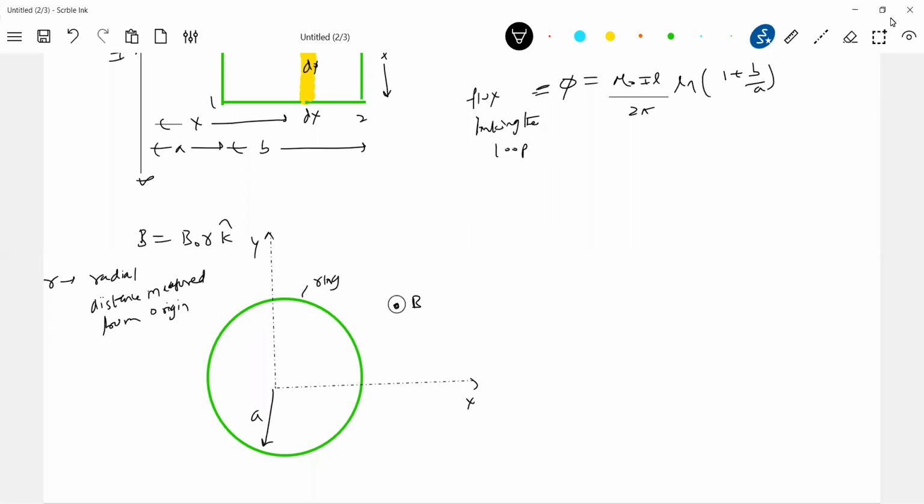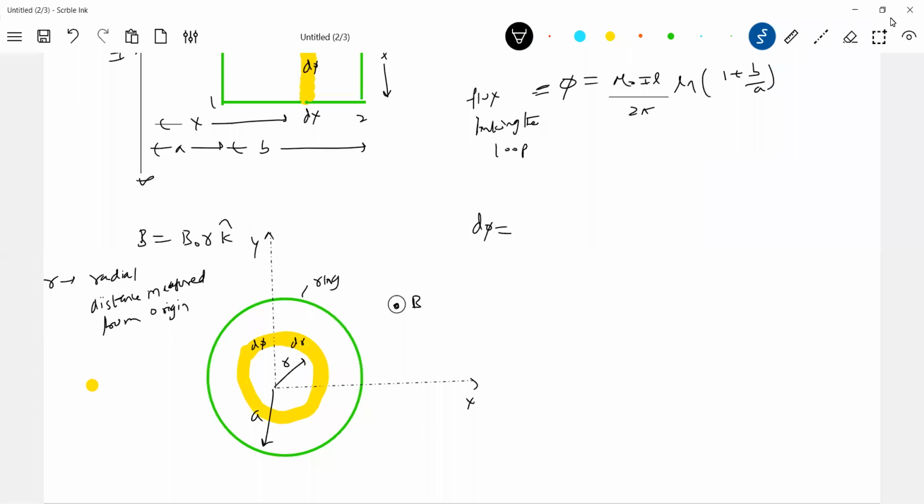Then what is the elemental structure? We can assume it. I'll go for a circular strip. So let this be the radius r, and the width of this, let it be dr. Let the flux linking be d phi.